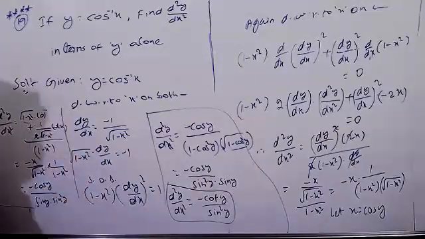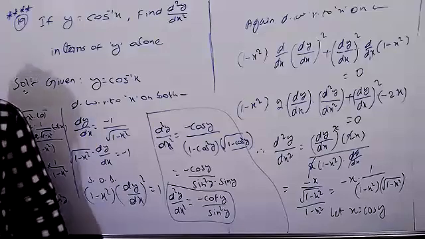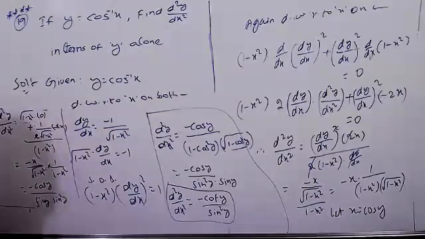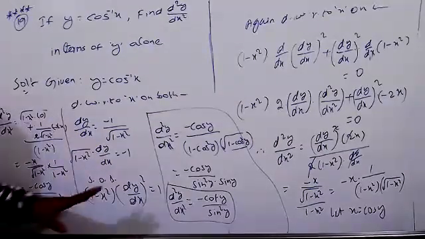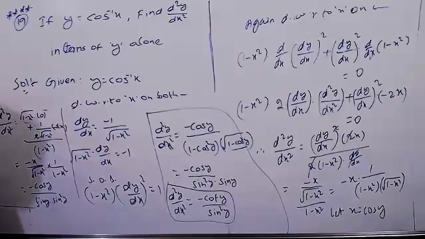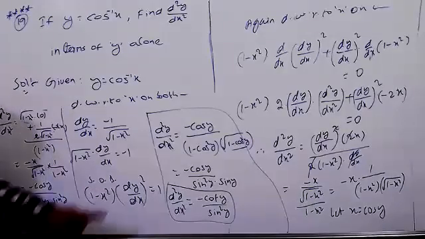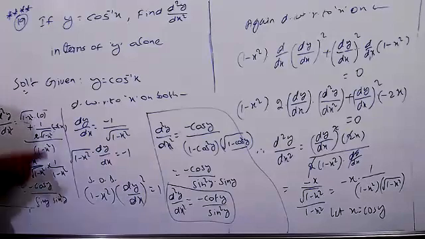We get the same thing. That is your choice. You can write anything, no problem. I am not saying you compulsorily should write only this. If you want you can do this also.